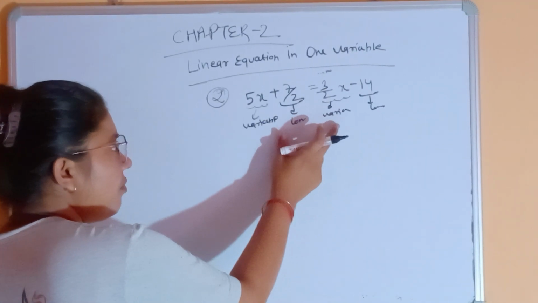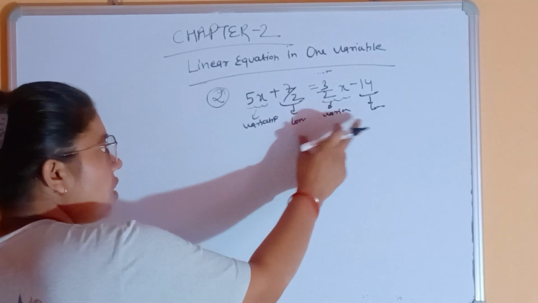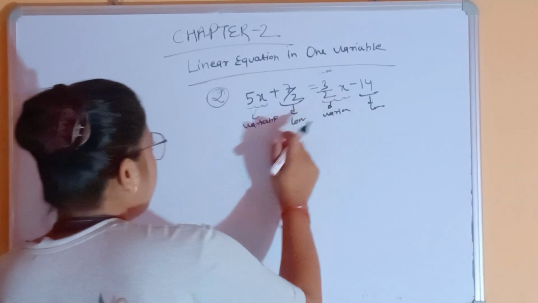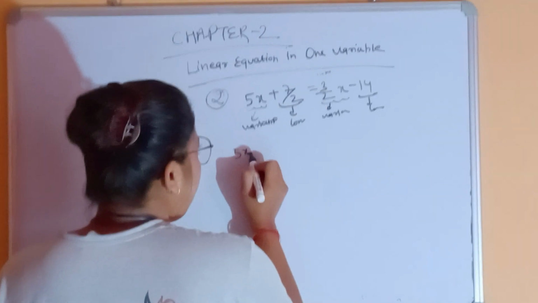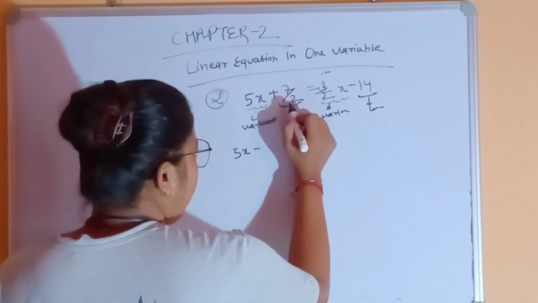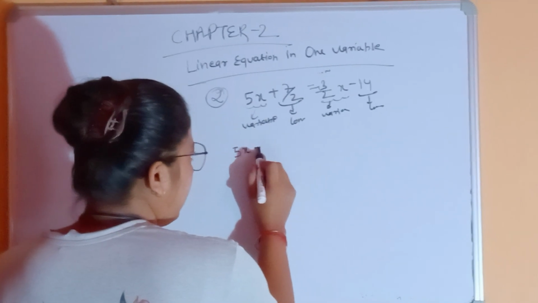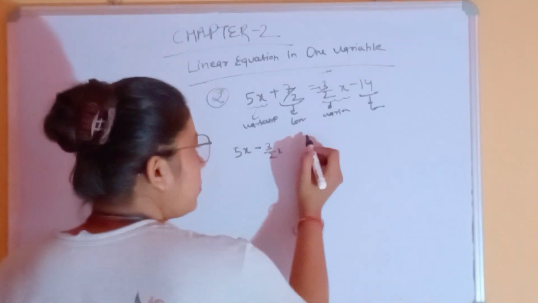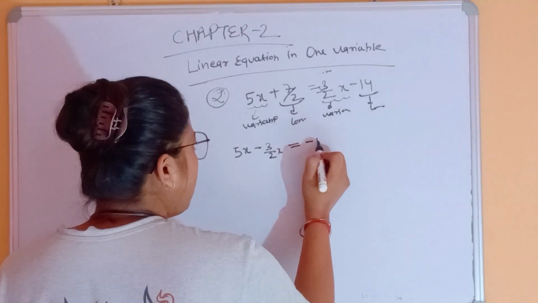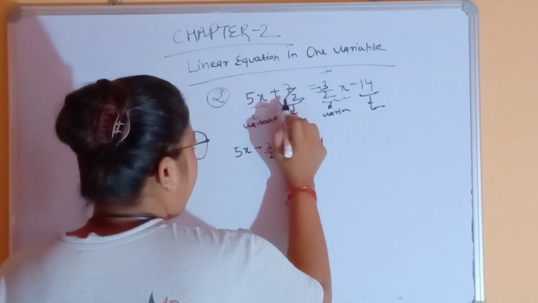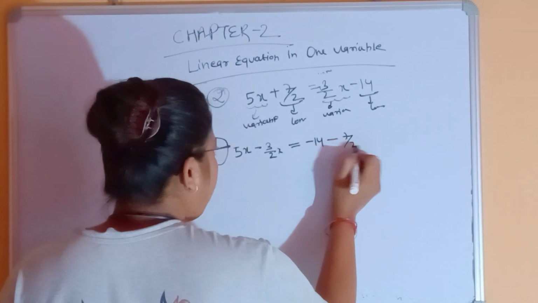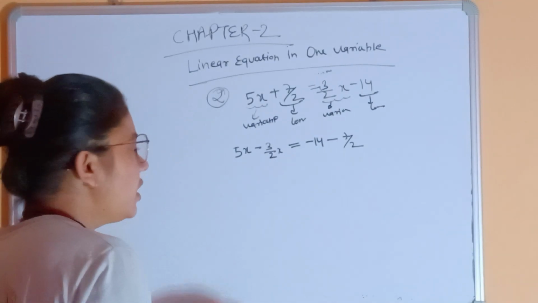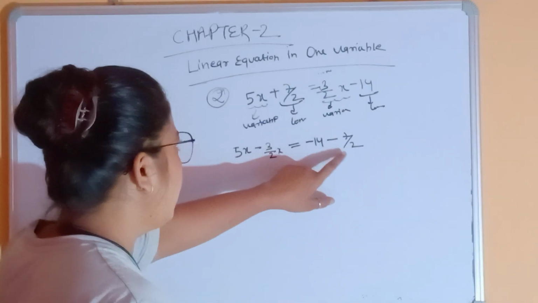So first variables on one side, constants on the other. So 5x minus, here it was plus, when taken across the sign changes, minus 3 by 2x is equals to minus 14 plus 7 by 2, that is minus 14 minus 7 by 2.